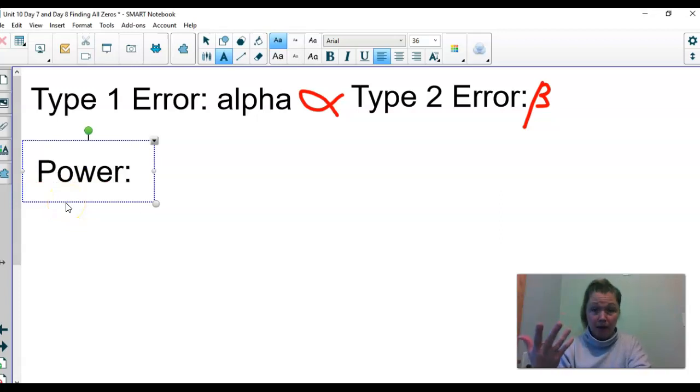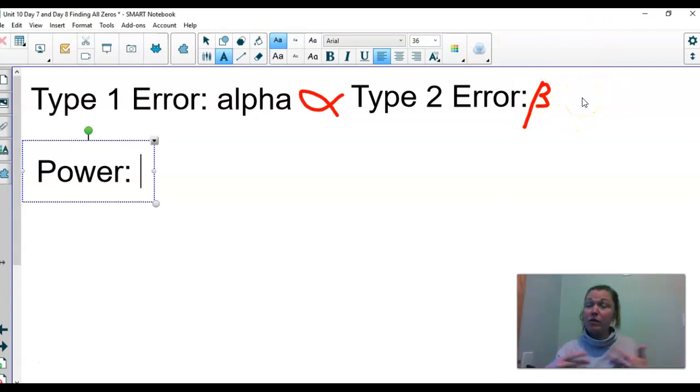Power is, again, like I said, so type 1 error, we reject the null hypothesis, have evidence for HA, we shouldn't have. The chances of this happening is alpha. Type 2 error, okay, just in case I lost you, type 2 error is where we fail to reject the null hypothesis. We have no evidence for HA and we were wrong. The chances of this happening is equal to beta.